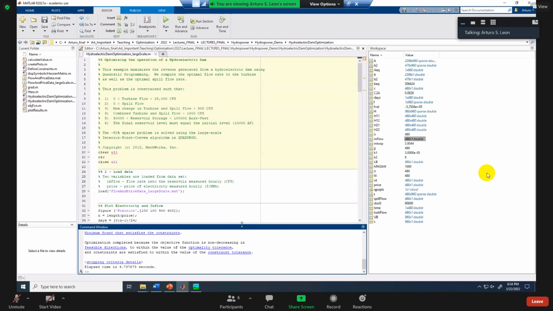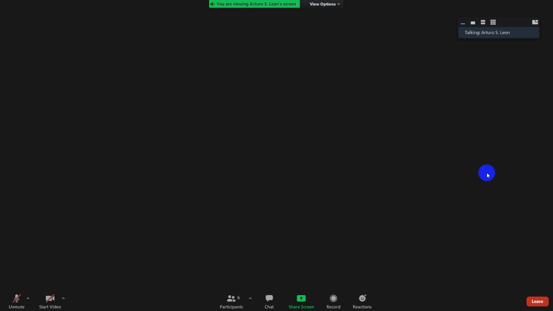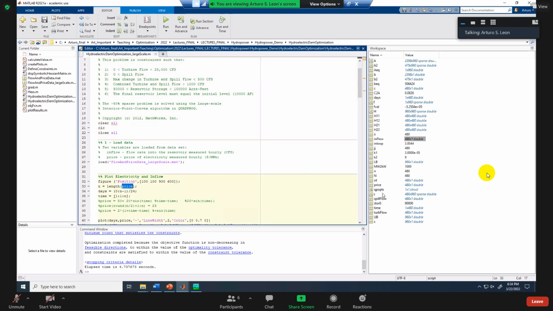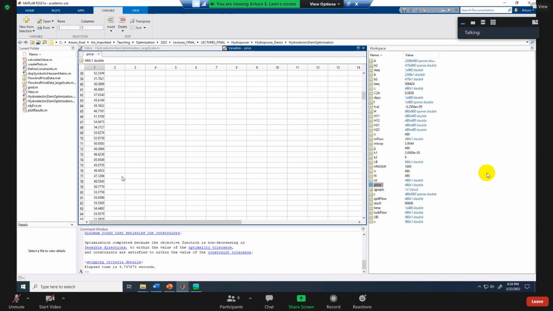And then, guys, here we have the definition. If you guys see here, this is just a figure, the position where I want the figure to be. This is how many days. This is depending on the price, right? If you guys see here in the price, I have how many hours of data I have.